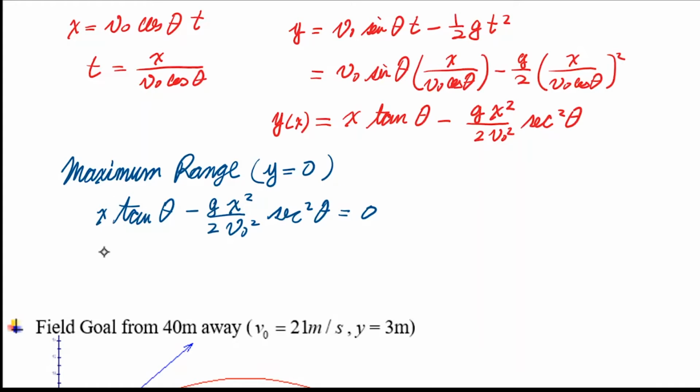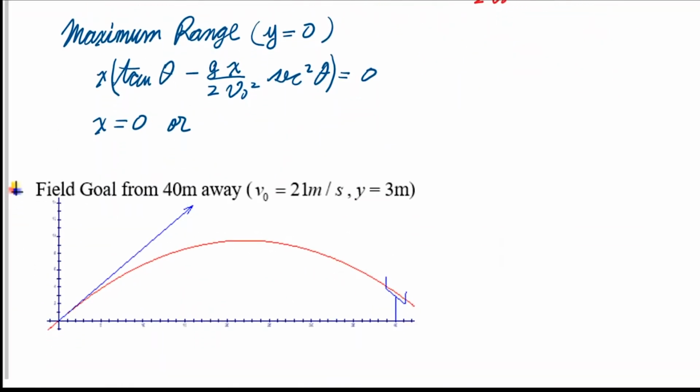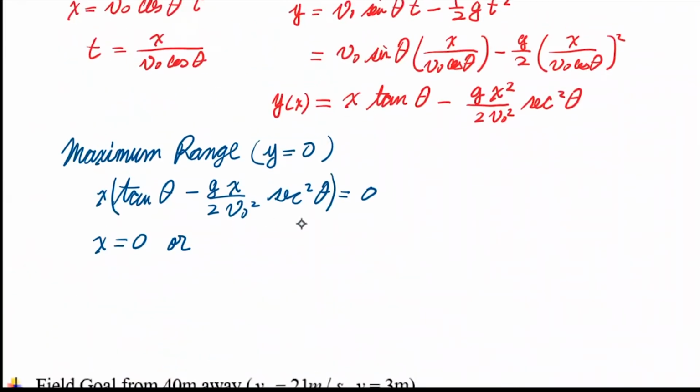Because there's an x here and there's an x here. So let's do that and knock off one of the powers. What that tells you is x is equal to 0, or this whole thing is equal to 0, right? Okay, push this thing down a little more. So that whole thing is equal to 0, meaning, well, I was going to do it in my head, but children may get lost, so let's not.